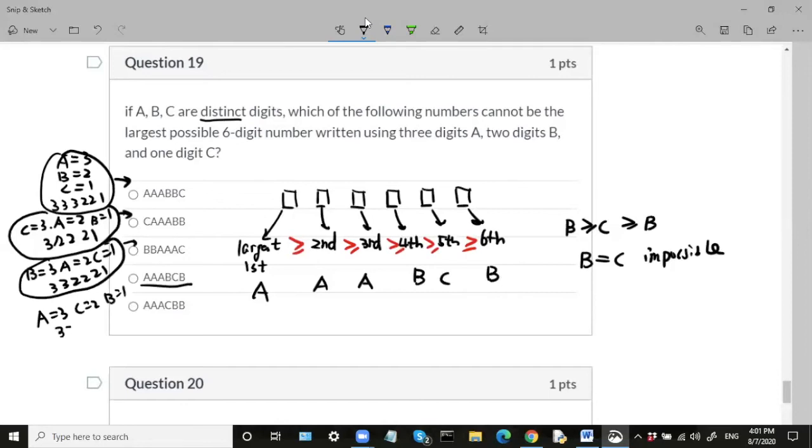So we have 3, 3, 3, 2, 1, 1. So that is also the largest 6-digit number formed by AAACBB. So only AAABCB could not be the largest possible 6-digit number. So the answer is D.